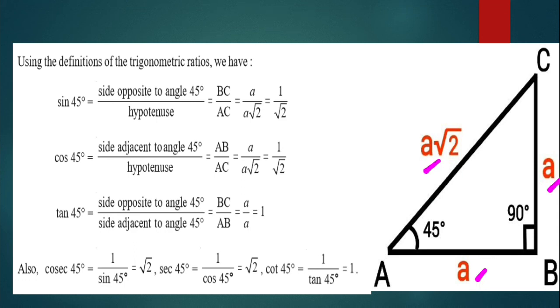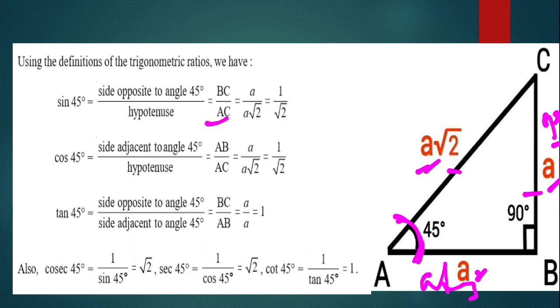Now you have to find sin 45 degree. Suppose you are considering this 45 degree as the acute angle. Then this is the opposite side and this is the adjacent side, and sin 45 degree is opposite by hypotenuse, that is BC by AC.